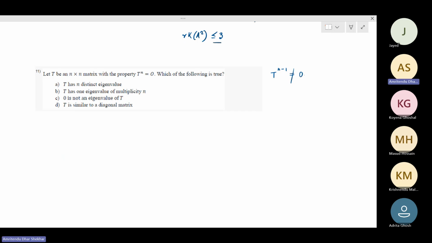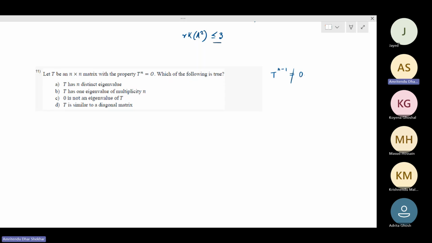Now if T to the power n is equal to 0, then of course you notice that this is the characteristic polynomial of this particular matrix T, and the eigenvalues of this matrix are all equal to 0. And so this 0 eigenvalue occurs with a multiplicity of n, right?